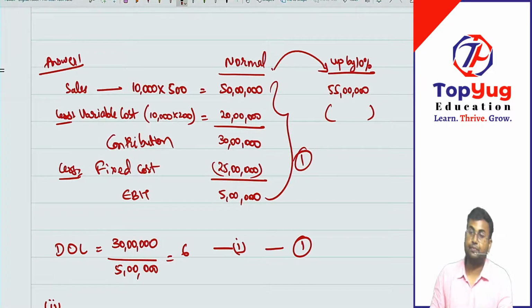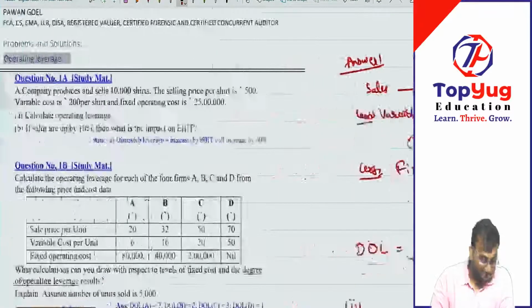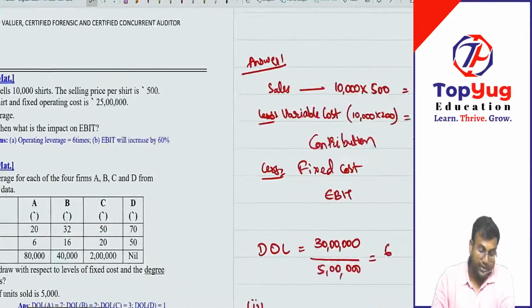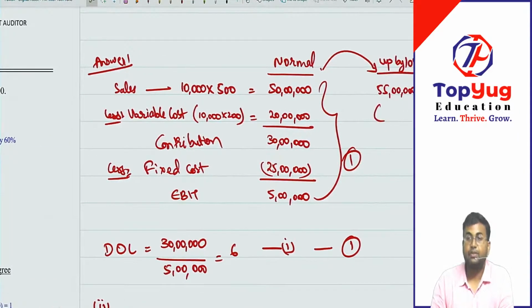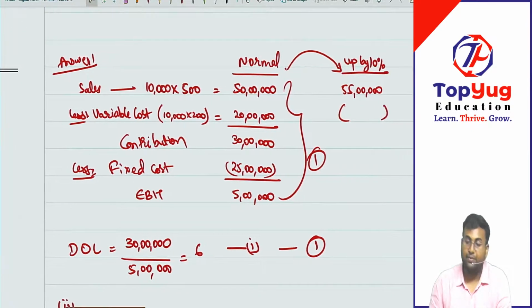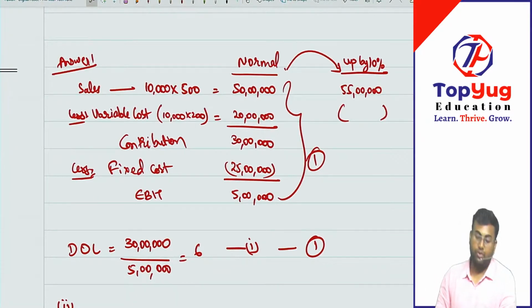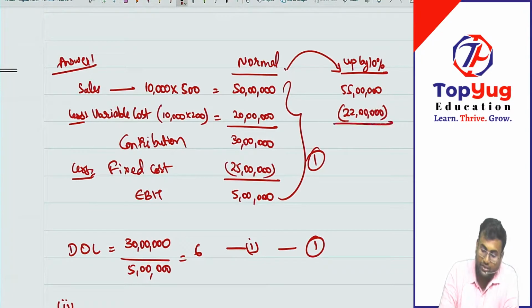If sales goes up, whether variable cost will also go up. What does he say? If the sales are up by 10%, he is not saying selling price, he is saying sales. So instead of 10,000 shirts, now they are selling 11,000 shirts. So what would be my variable cost also? 11,000 into 200. So even my variable cost will also go up by 10%. That is the basic concept which we have learned.